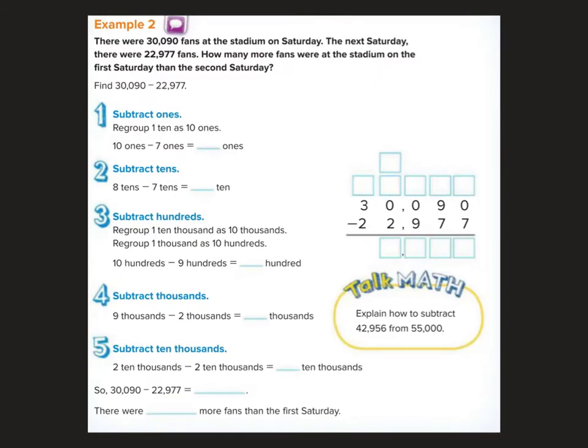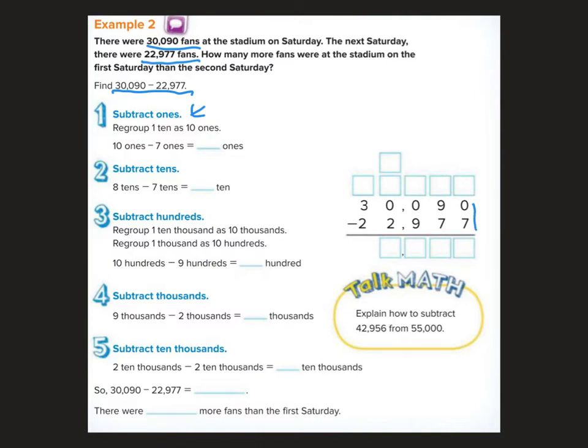Example 2. There were 30,090 fans at the stadium on Saturday. The next Saturday, there were 22,977 fans. How many more fans were at the stadium on the first Saturday than the second Saturday? So we're going to be subtracting. First, we start by subtracting our ones. 0 minus 7.